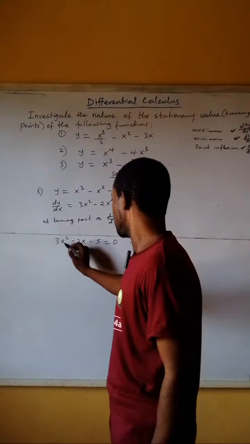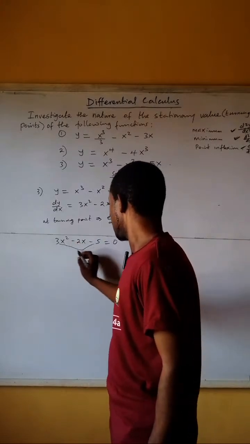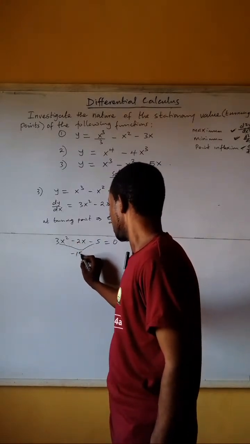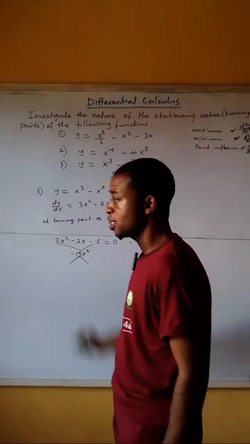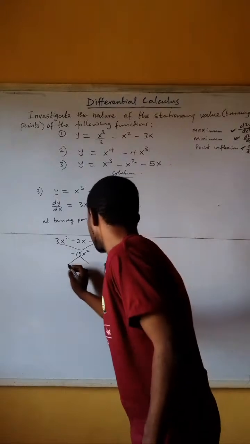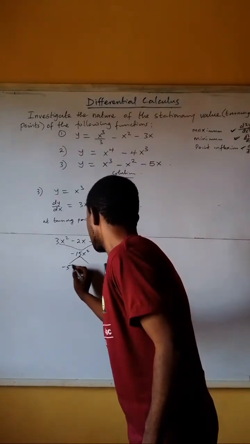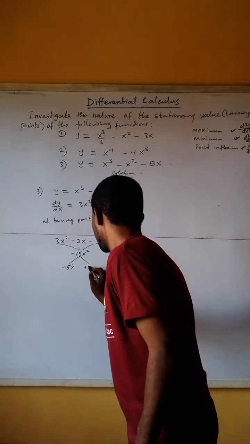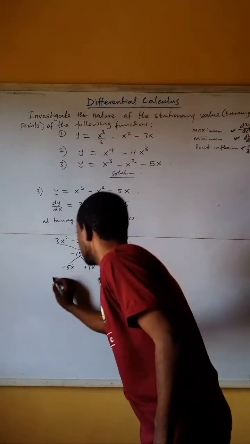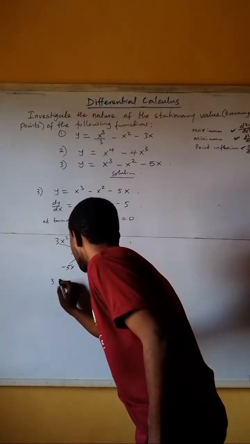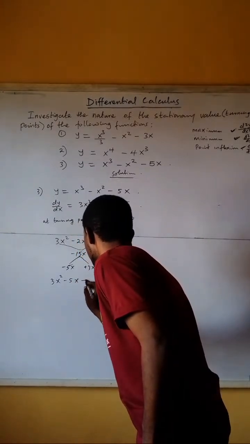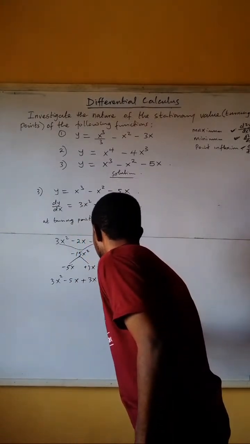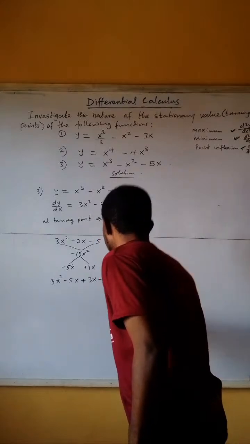So we can solve this and we'll factorize. So this gives us minus 15x squared. Then the factors of minus 15 that will give us minus 2 here should be minus 5x plus 3x. So the quadratic equation here becomes 3x squared minus 5x plus 3x, then minus 5 equals 0.